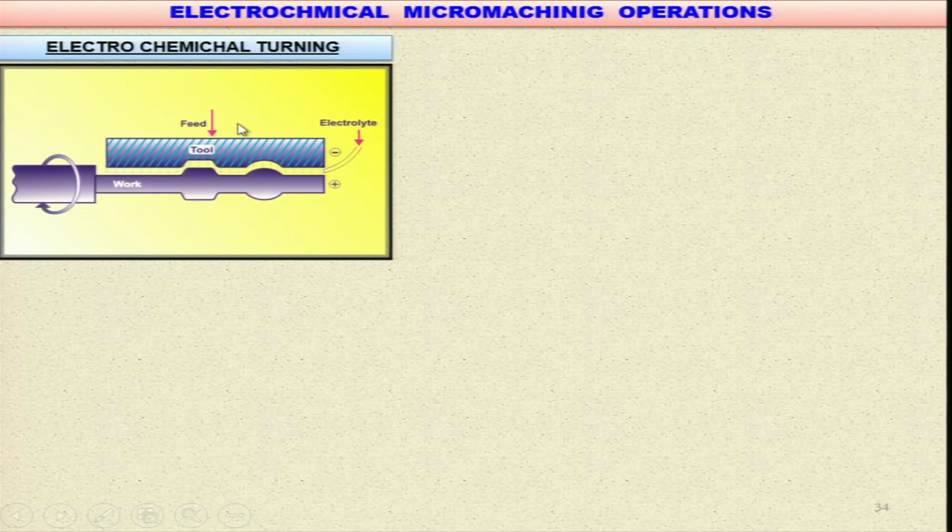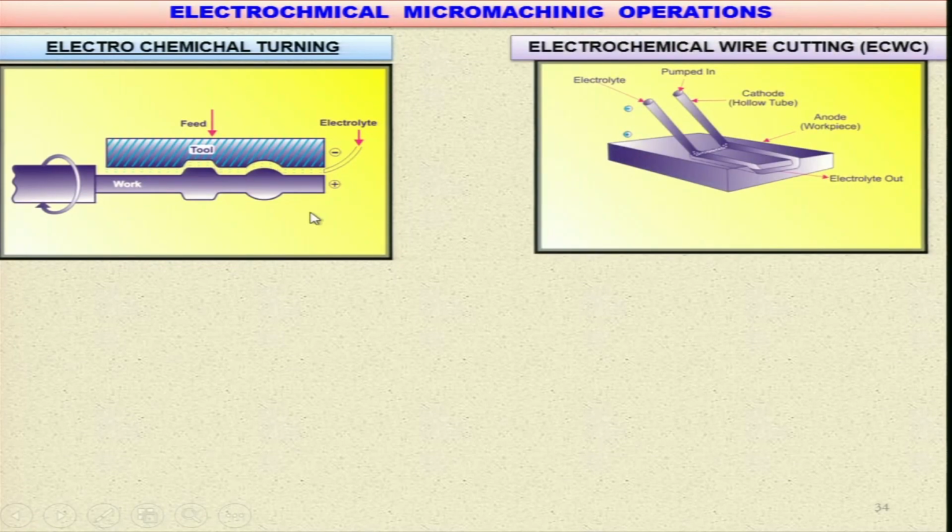You are giving the feed in the vertical direction, and the workpiece is rotating, and here you are supplying the electrolyte through this. Just like in a turning operation, you rotate the workpiece and the tool is stationary; same way here the tool is stationary, the workpiece is rotating, and in the interelectrode gap electrolyte is being supplied. Here you can see the tool is negative, that is the cathode, and the workpiece is the anode, that is positive.